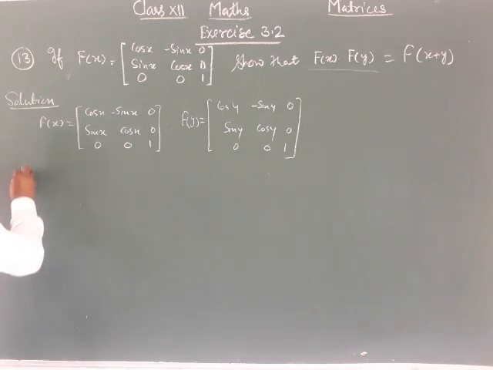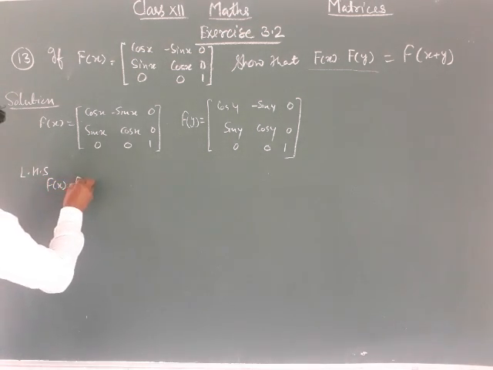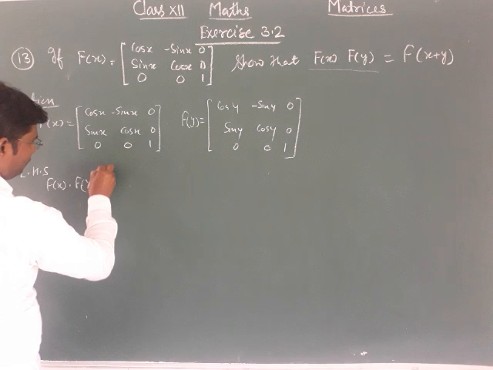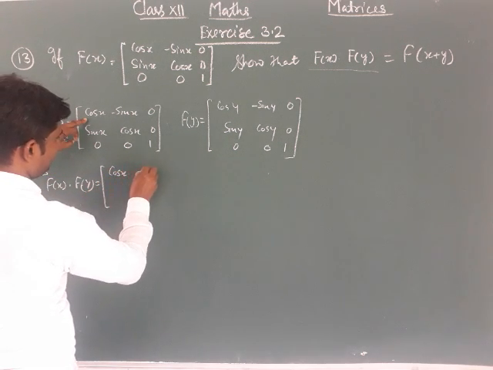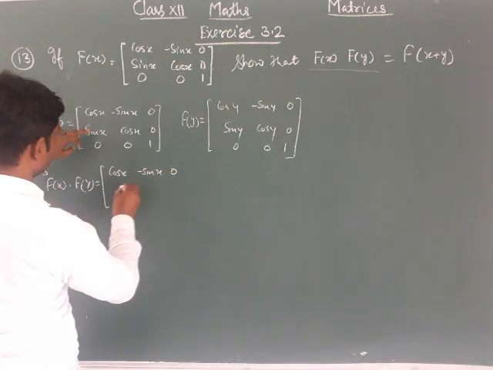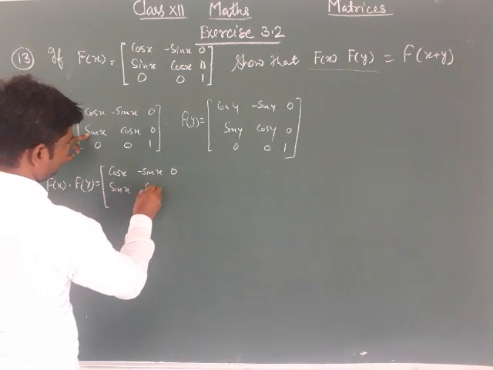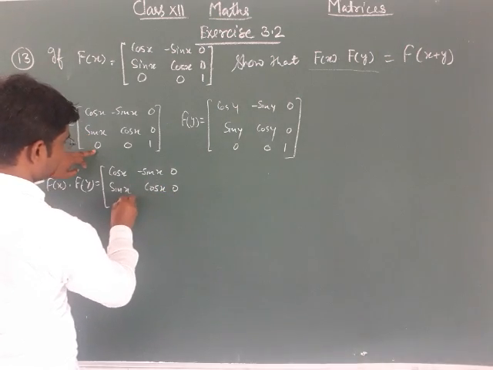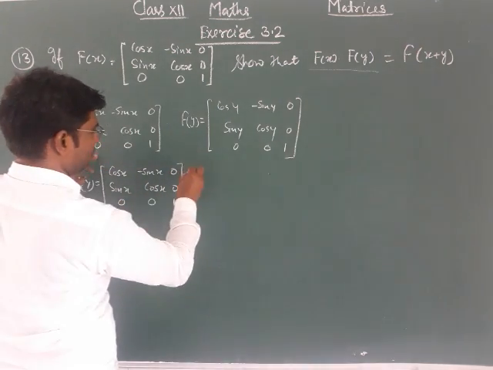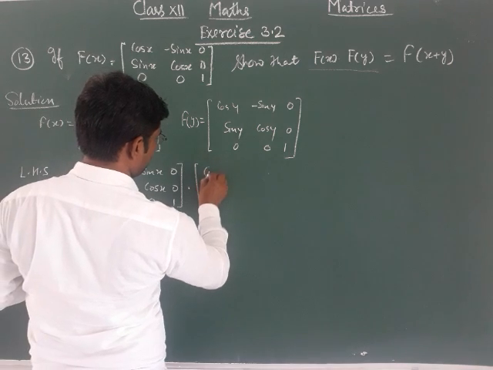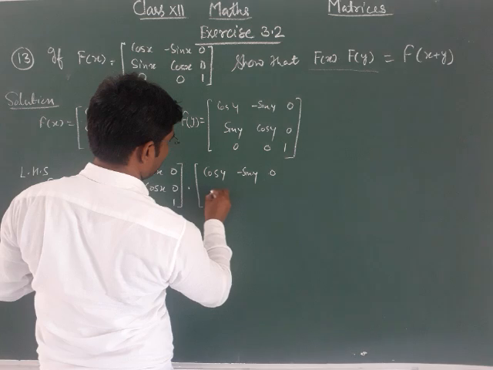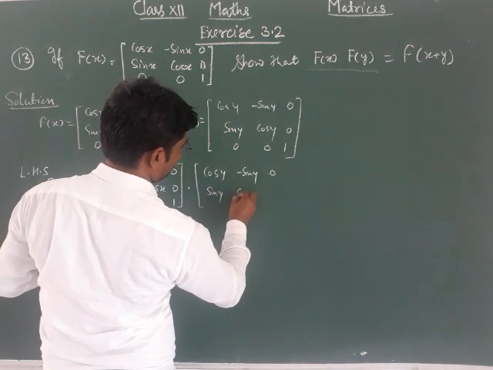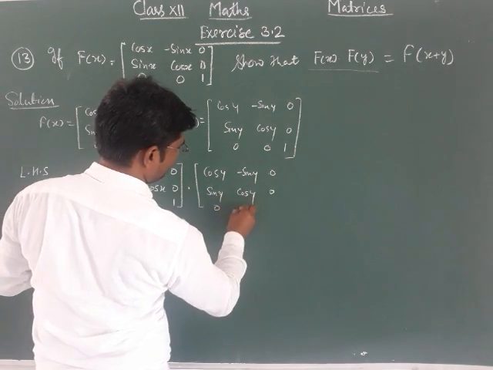So now taking LHS, f(x) into f(y). So now these matrices, [cos x, -sin x, 0; sin x, cos x, 0; 0, 0, 1], into another [cos y, -sin y, 0; sin y, cos y, 0; 0, 0, 1].